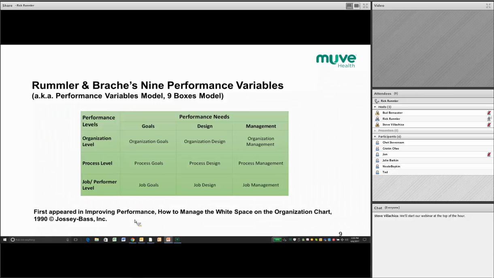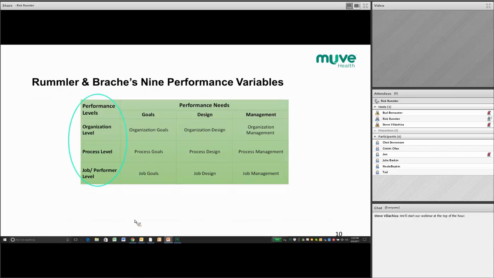Now, if I pull apart this model, there are 2 axes. The first axis is the performance levels: organization, process, and job. Taking them top to bottom, organization: the key thing to keep in mind is that the term organization is relative. It could be a department, a store, an operating unit, a strategic business unit, or an entire corporation.